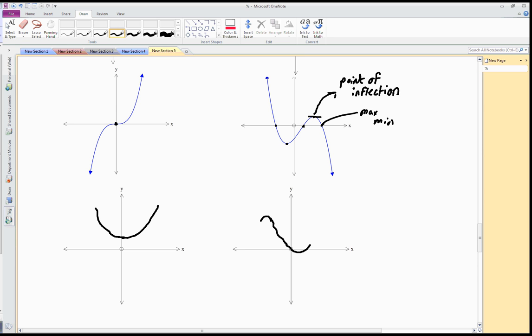Remember, you have maximums, minimums or turning points at zero. This again is a point of inflection, which means I'm changing from concave up to concave down. Then again at this point here, I must have a turning point, and then from this point here it's just negative from then on.